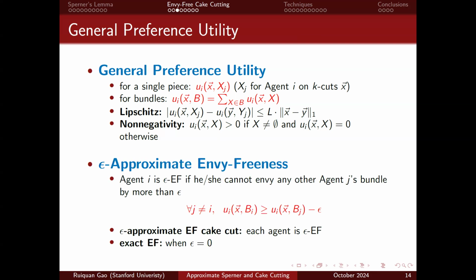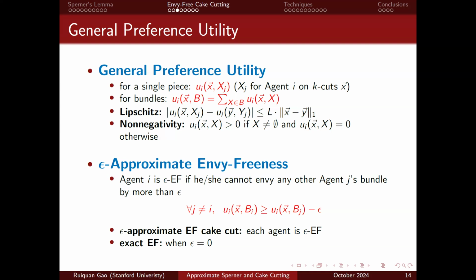The finest concept we consider is n-way freeness. We say that agent i is epsilon approximately n-way free if the utility of his or her bundle Bi is epsilon approximately greater than any other agent j's bundle under agent i's utility function. We say that a k-cut scheme consisting of the cut positions and the allocations is epsilon approximately n-way free if each agent is epsilon approximately n-way free.